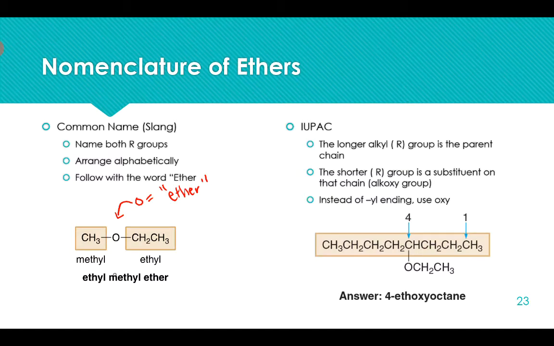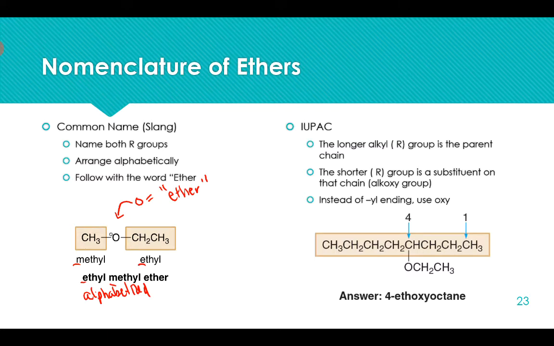And so you alphabetize these things. And so that's ethyl methyl ether. If you had two methyls, it would be dimethyl ether, or diethyl ether if you had two ethyl groups.